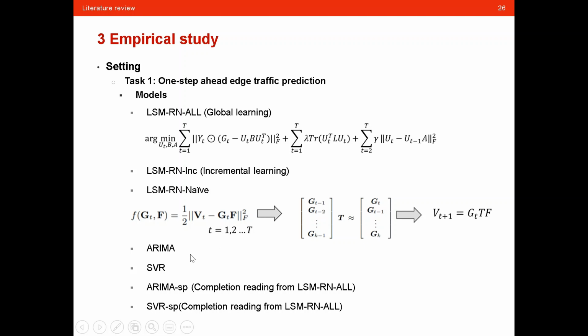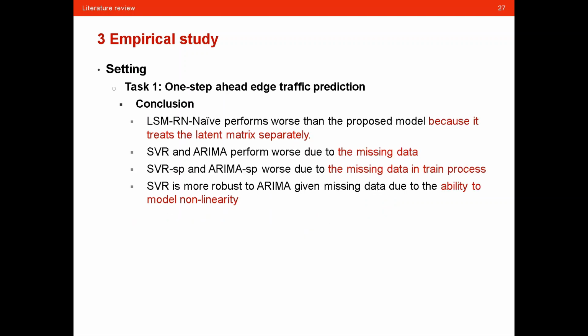And they also use the traditional traffic prediction methods ARIMA and SVR, and for the last one, they also use the completion result from this model to predict based on the complete dataset. The conclusion of this test is that the LSM-RN-Naive performs worse than the proposed model because it treats the latent matrices separately.